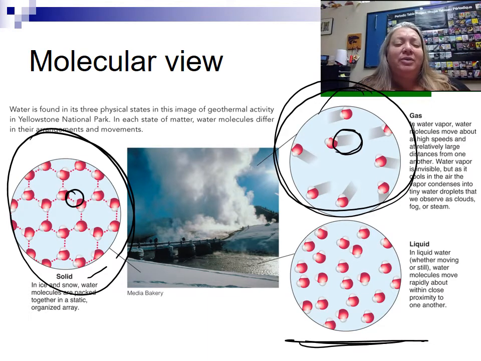But one thing you will notice is everything is arranged in a very, very orderly manner. So if you compare that solid to that liquid, the liquid is very disorganized. The solid is very organized. And a lot of times the molecules will face a certain way just so that we can really maximize that relationship that they have.